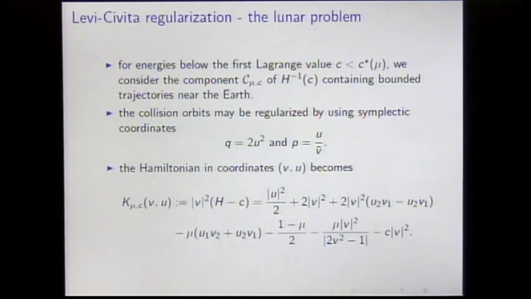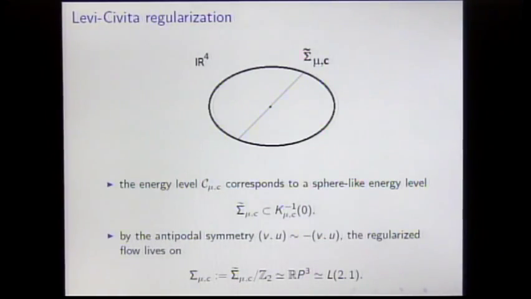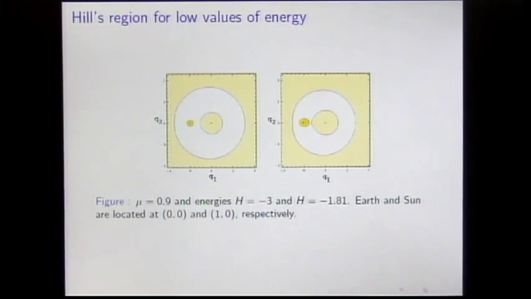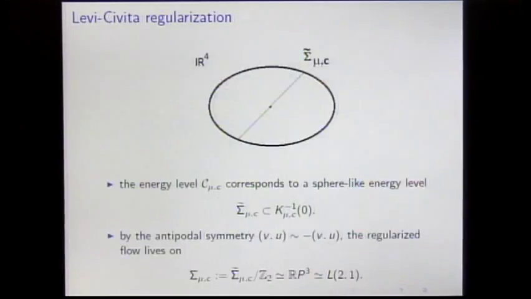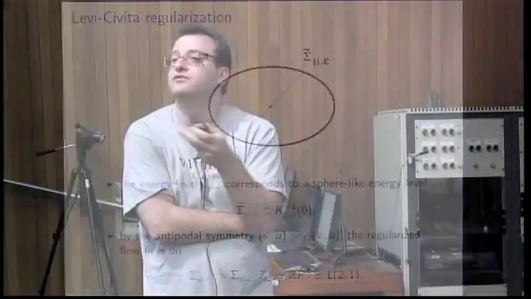So we see that when we regularize the system, there is this square here, which makes the region that we see here, which is non-compact due to the collision orbits, now regularized as a sphere-like hypersurface in R4. So after all these changes in the three-body problem, with all those assumptions, we are back to Hamiltonian flows on sphere-like hypersurfaces in R4.